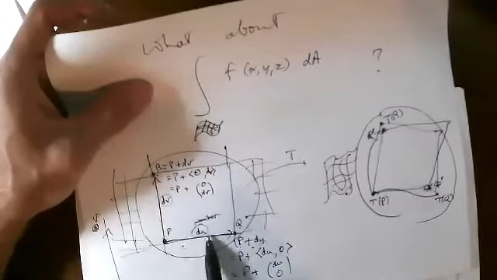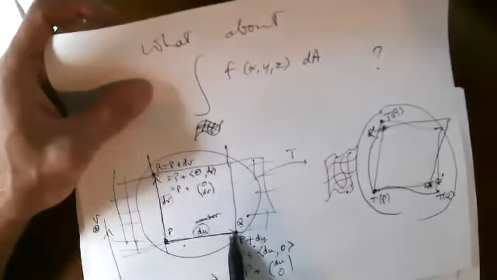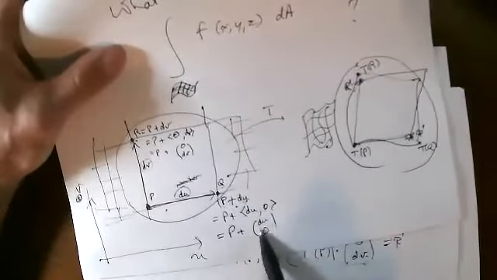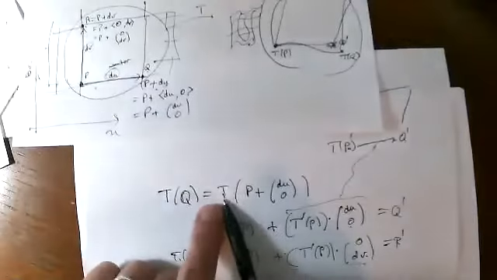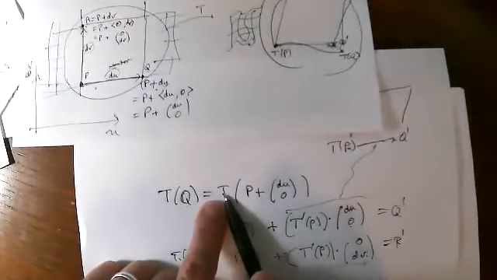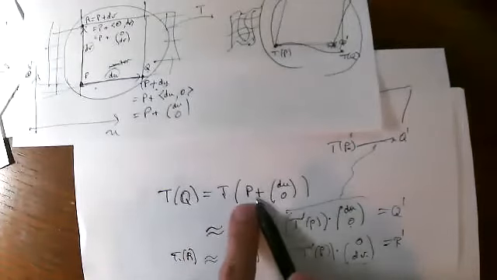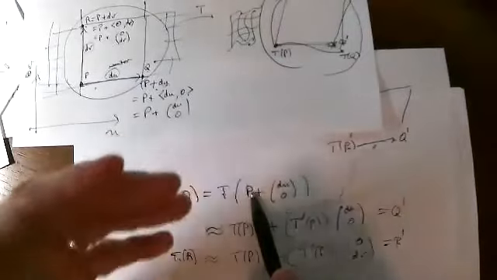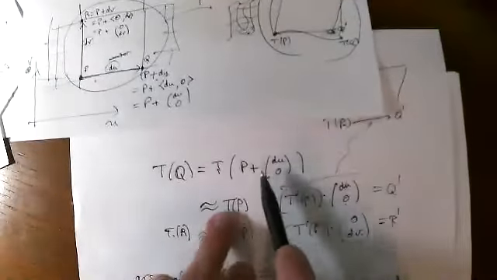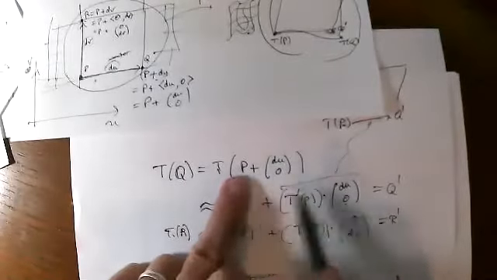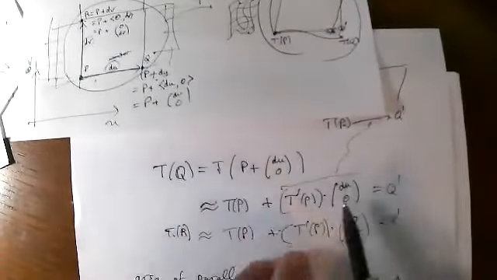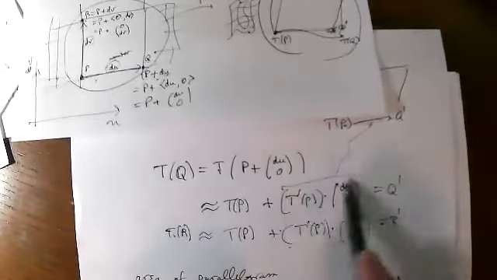You write that second point Q as being P plus a small displacement vector. This is your small displacement vector. And that small displacement vector has got this small number as its first component and a 0 as its second component. So now you're asking us to evaluate T at a point which is a small displacement vector away from P. And our definition of derivatives at the beginning of the semester was that the first derivative is exactly the matrix that transforms a small displacement in the domain to a small displacement in the codomain.